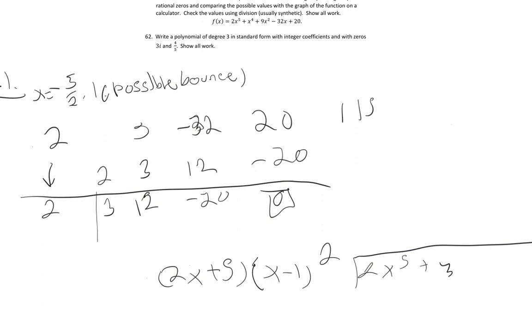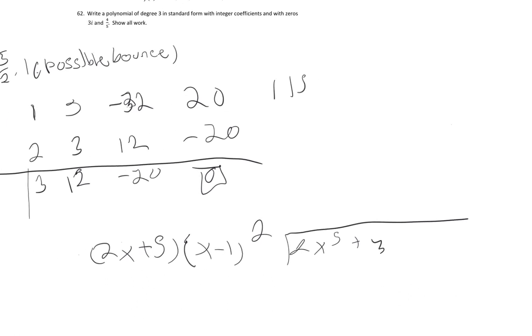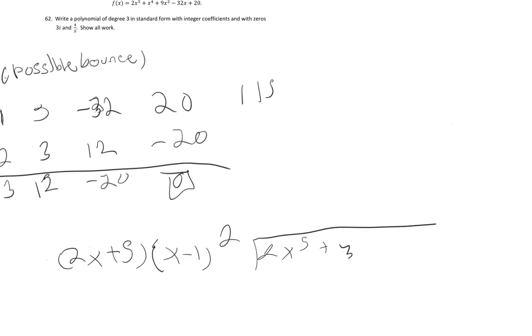I just realized I forgot to write this one over here. It's there in the addition, I just forgot to write it. Okay. Right. 2x to the 5th plus x to the 4th plus 9x squared minus 32x plus 20.